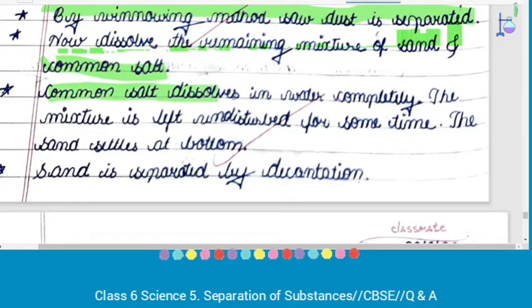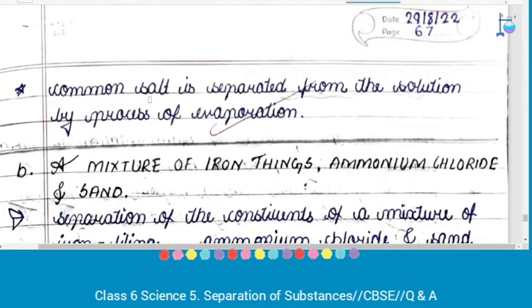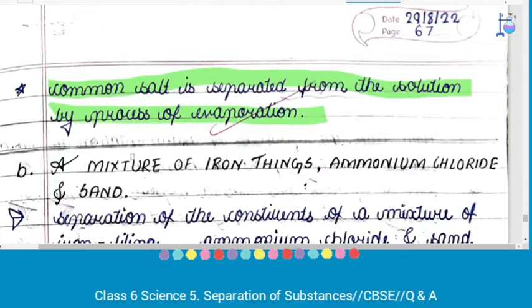Common salt dissolves in water completely. The mixture is left undisturbed for some time. The sand settles down at the bottom. Sand is separated by decantation. Common salt is separated from the solution by the process of evaporation.